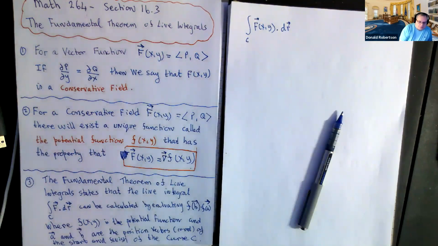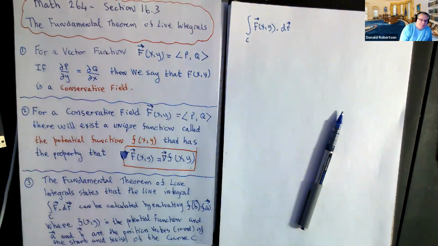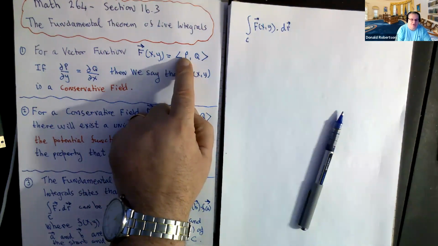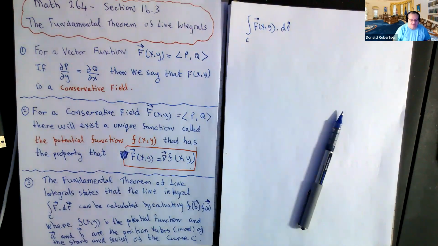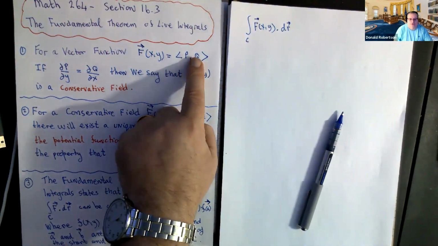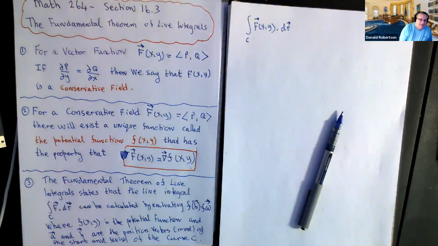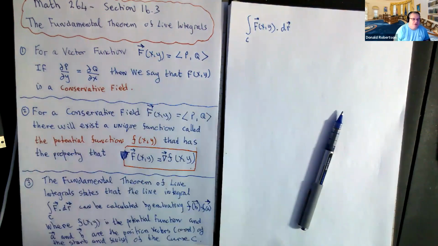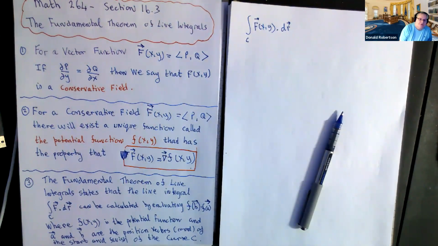It's going to take us through a number of steps before we actually get to calculate a line integral. So let me start with just the first step. If you have a vector function, a vector field, F, and I'm going to call its components, this is a 2D one, P and Q. If we have a 3D one, it'll be called P, Q, and R. And we're going to talk about a special subgroup of these vector fields, which are called conservative fields.